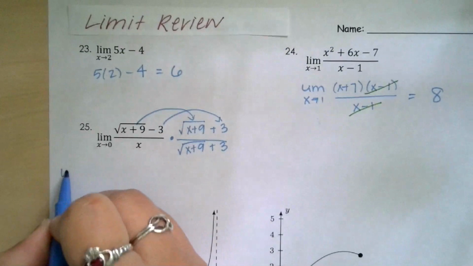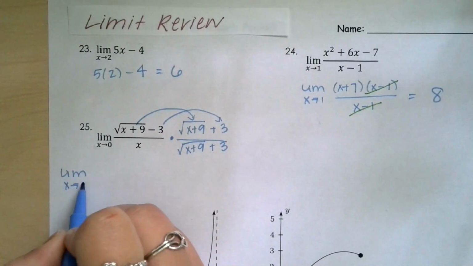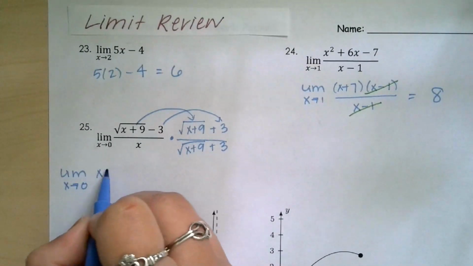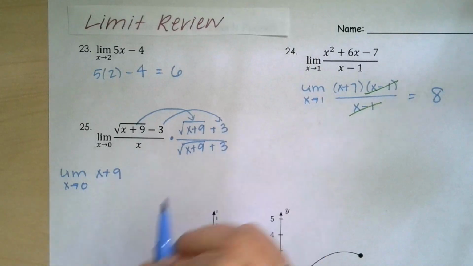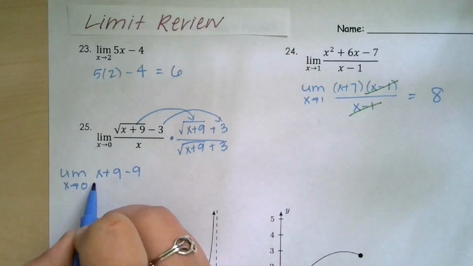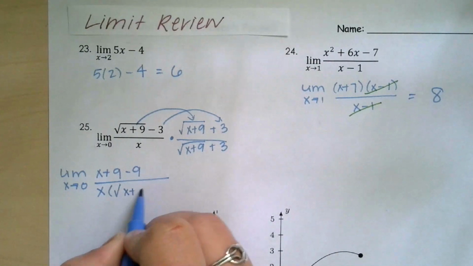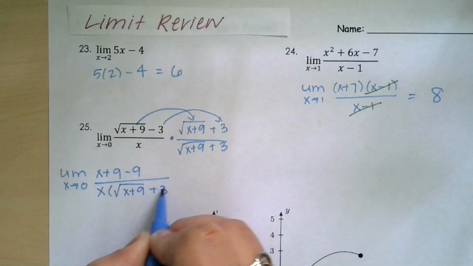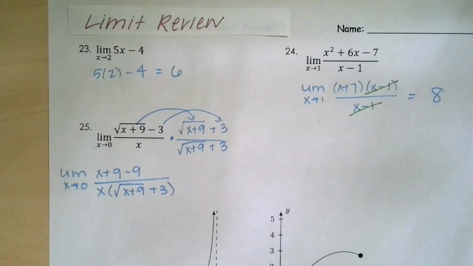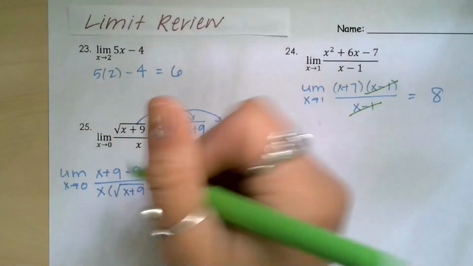So we have the limit as x approaches 0 of x plus 9 minus 3 times 3 gives us negative 9. Our bottom stays as x times the square root of x plus 9 plus 3. Okay. So we have positive 9 minus 9.